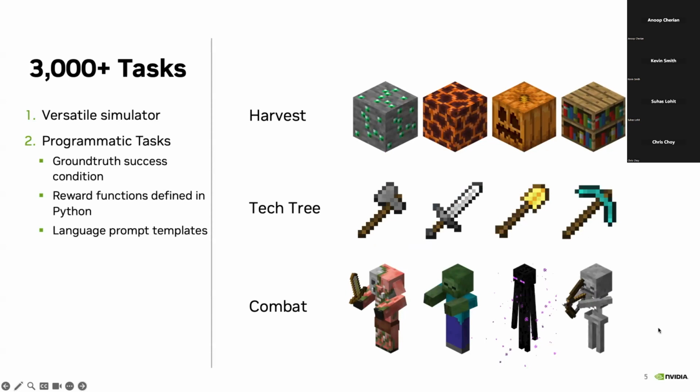Examples include harvesting resources, learning to master certain skills, and fighting various monsters. And all these tasks come with language prompts like harvest certain resources or master a certain skill, etc.